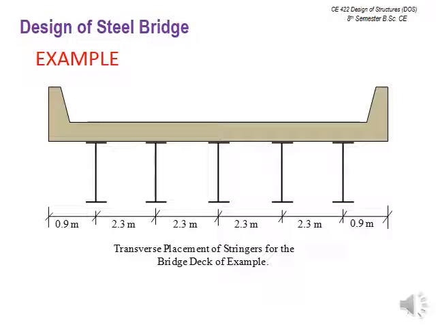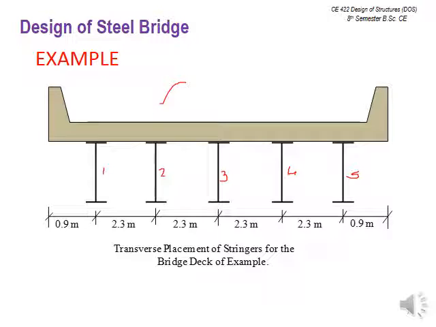So as always, we need a schematic diagram, the cross-sectional view of all of the spacing, of the result you have obtained. So 2.3 and the number of stringers is 5. So 1, 2 between the roadway width, 4 and 5.